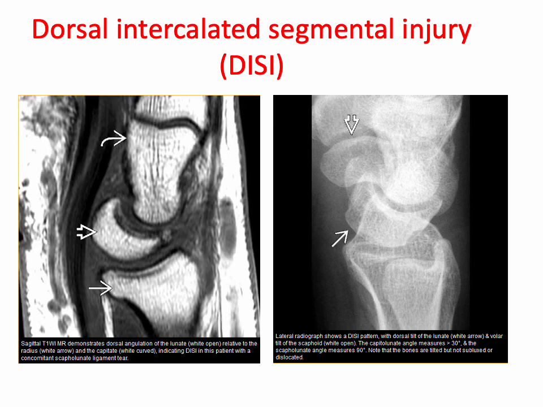Here we can see a DISI pattern with the lunate being dorsally tilted and the scaphoid being volarly tilted. Easier to see on MR, where there's dorsal angulation of the lunate relative to the radius and the capitate.